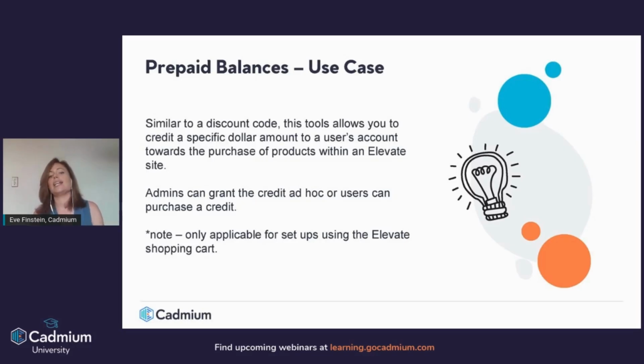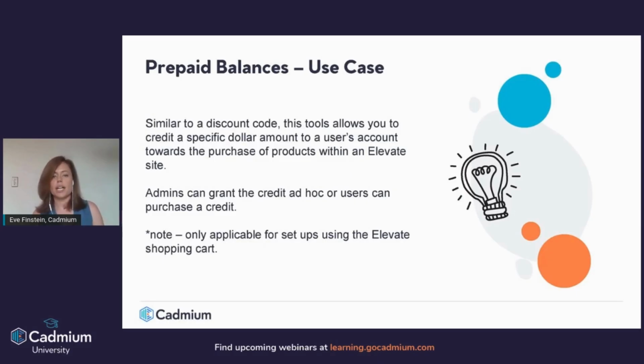So I wanted to highlight it in this webinar because, in terms of a promotion, marketing, driving dollars to your site, this is a fun, creative way to do that. I always knew we had prepaid balances, I will give myself that. What a prepaid balance is, it's similar to a discount code, but instead of putting the item in your cart and adding a discount code to make the item free or take a discounted cost off that product, you're basically crediting the user's account.